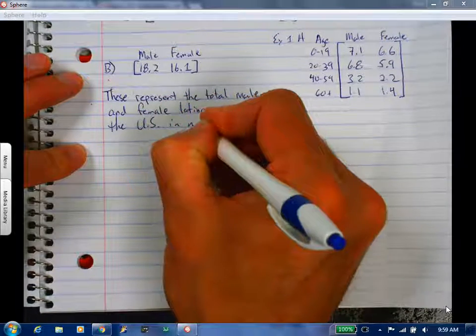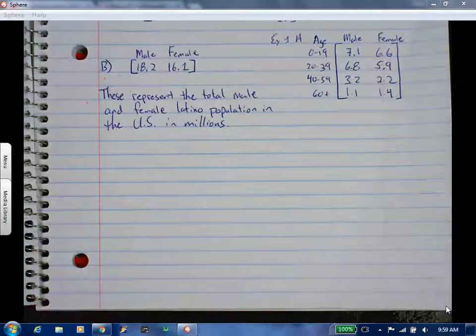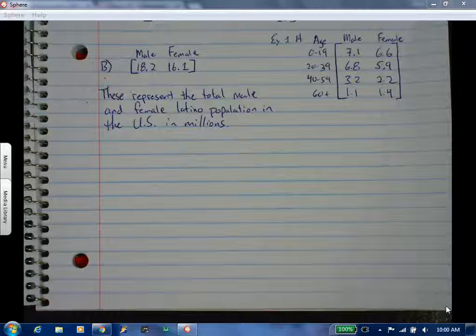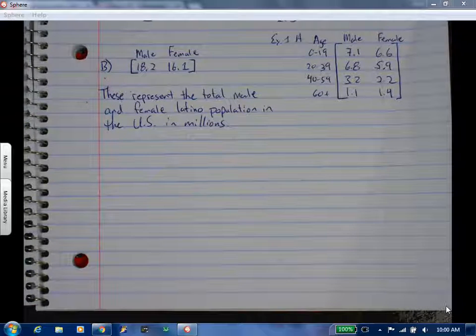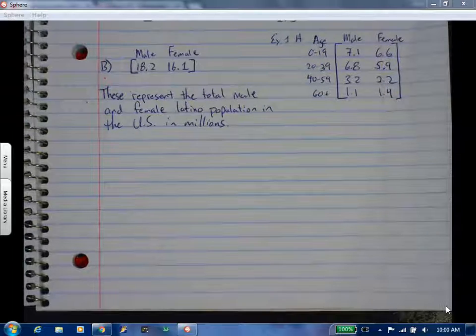We have to include in millions because it's not 18.2 total people there, it's 18.2 million. That'd be 18,200,000. So when they want you to interpret, it has to be some sort of statement, some sort of explanation of what your number answers represent. Communicating what the math is telling you.